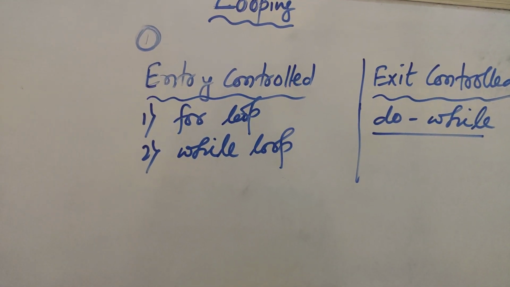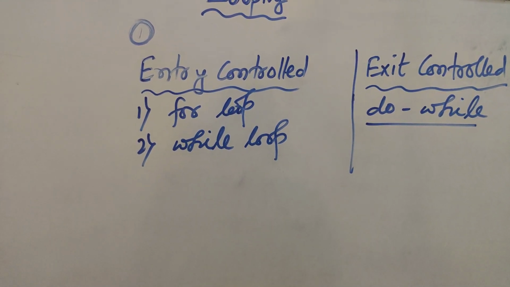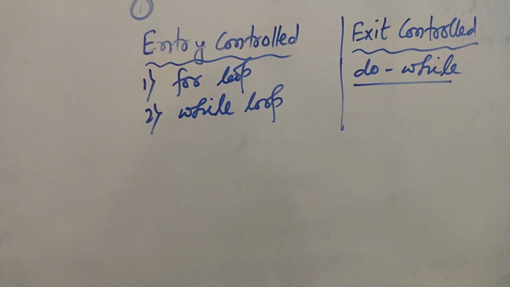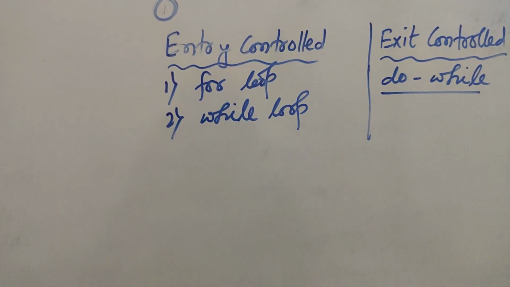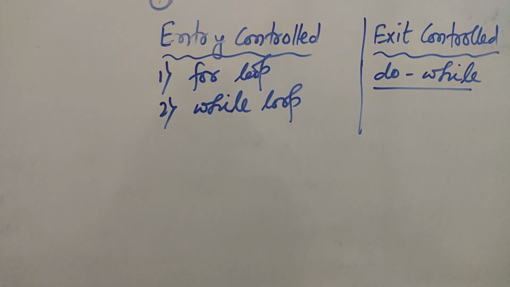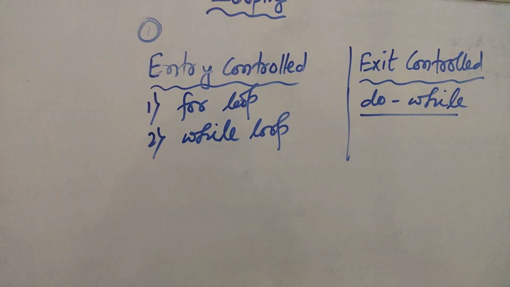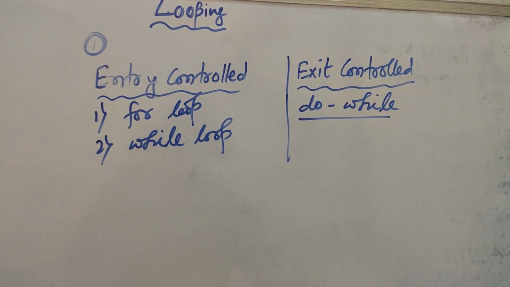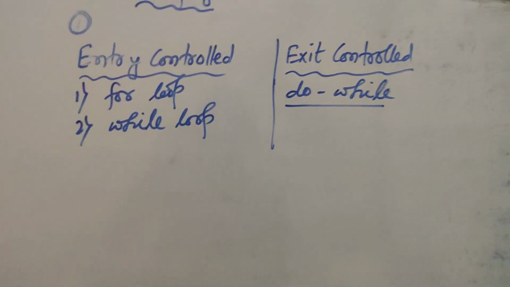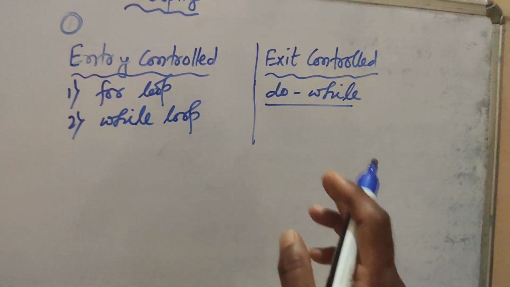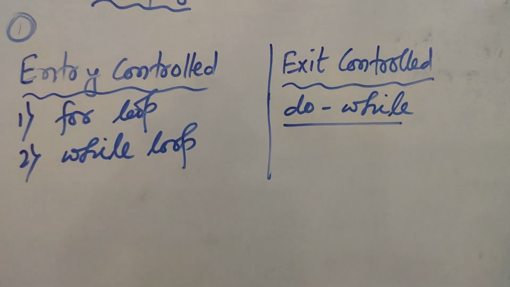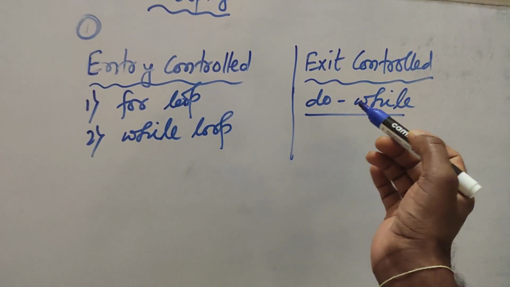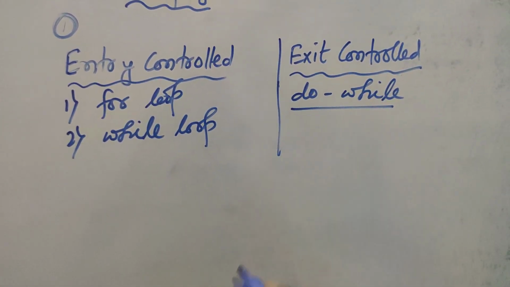Body means the statements which we are giving inside the loop. So here, if the condition is true, then the body of the loop will run. If the condition is false, then in a do while loop the body will still execute once.